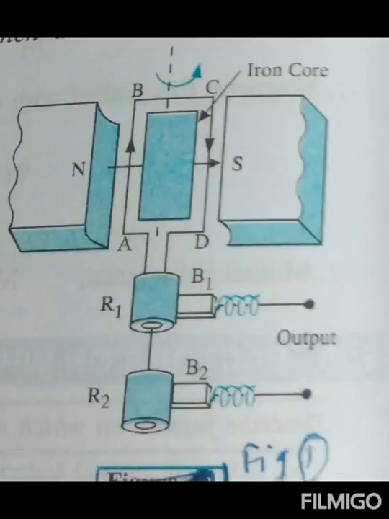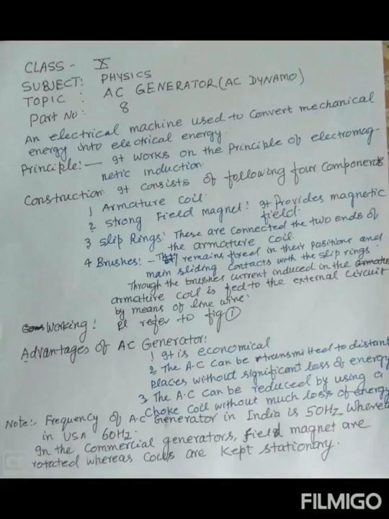Now its working. Please refer to figure 1. In figure 1, initially the coil ABCD is in vertical position and it is rotated in the anti-clockwise direction. The side AB moves upward and the side CD moves downward.